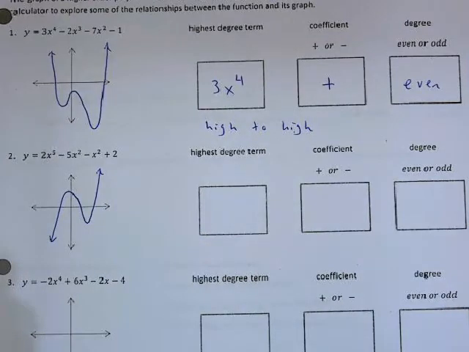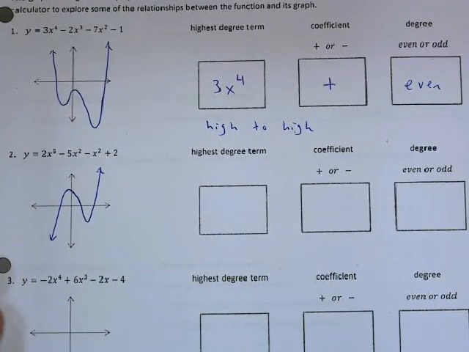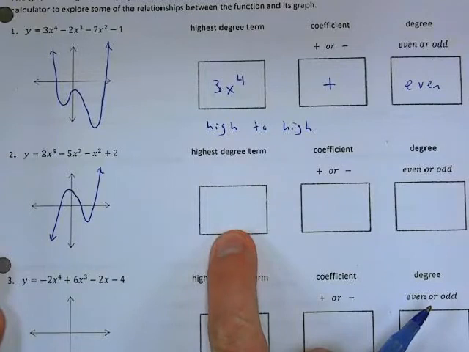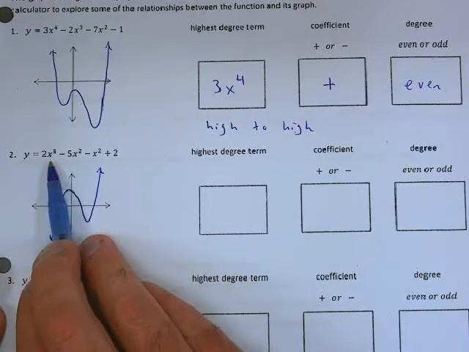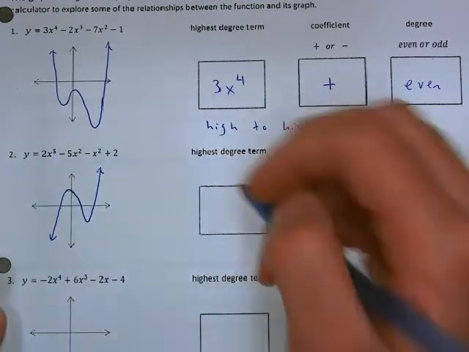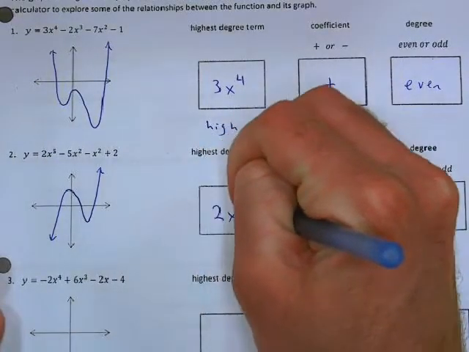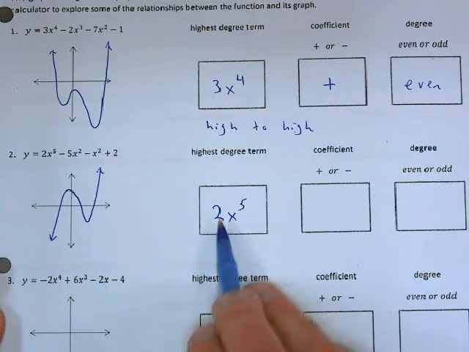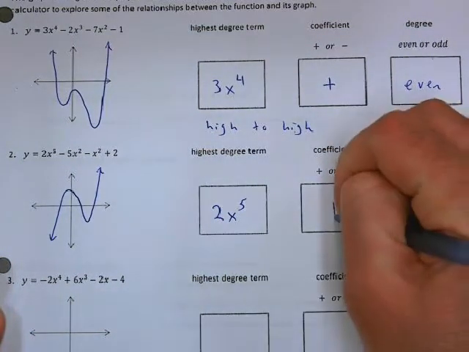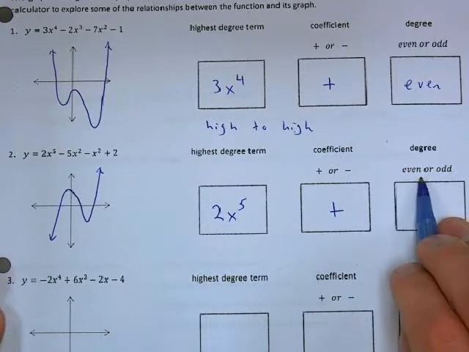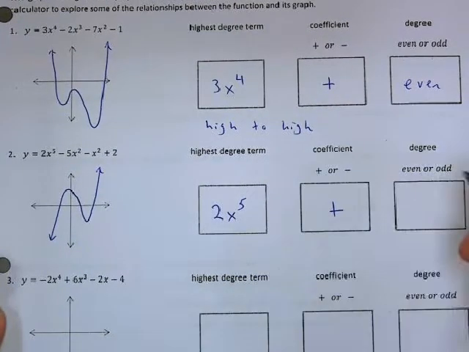Anyways, it looks something like that. Now, what's the highest degree term? Sometimes you have to search for it. It's not always the furthest one on the left, but this time it is again. It's 2x to the fifth. The key components of that first term are that our coefficient is positive 2, so it's positive, and our exponent, our degree, is odd this time.